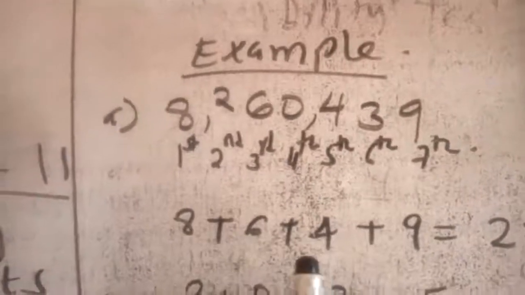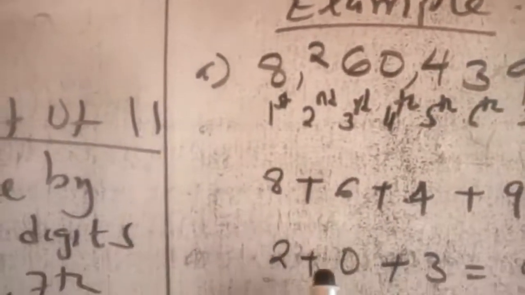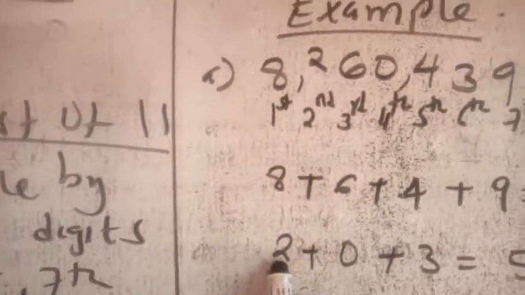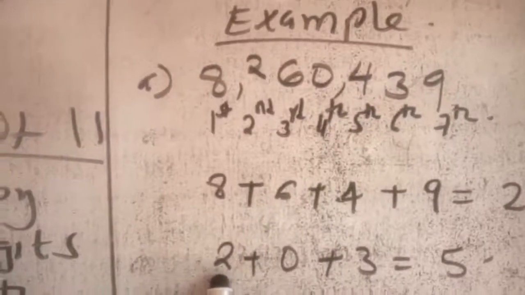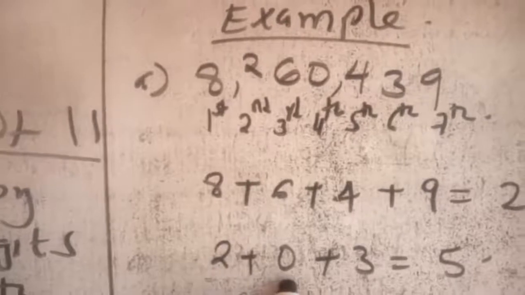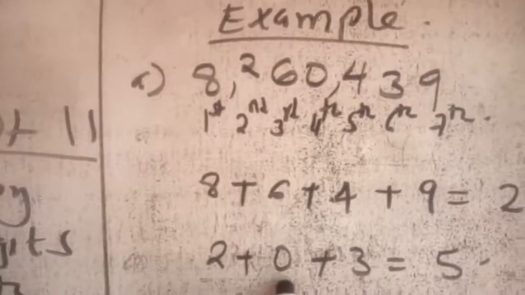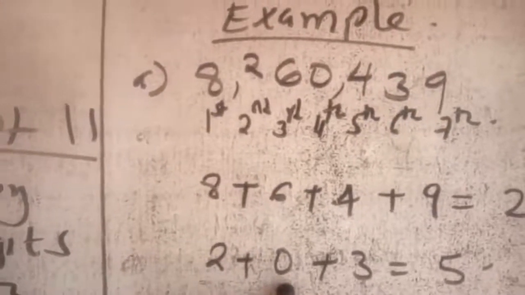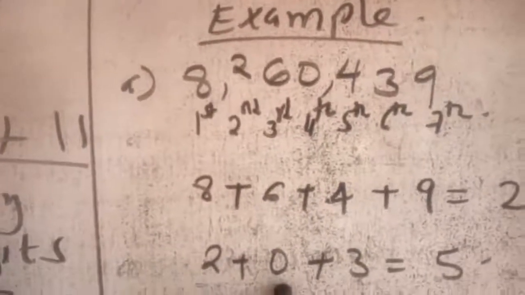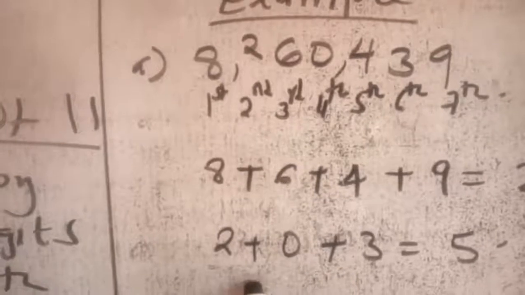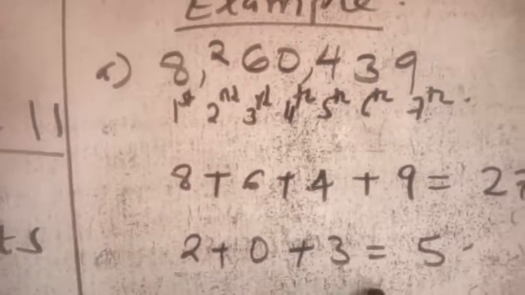Then you come to the digits in the second position, which is 2, the fourth position, which is 0, and the sixth position, which is 3. If you add those numbers, you get 5.